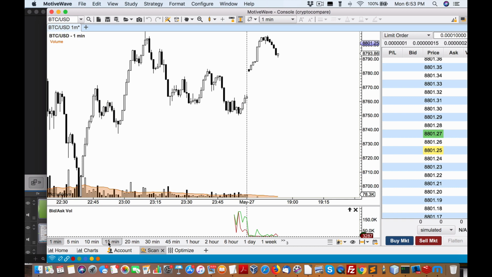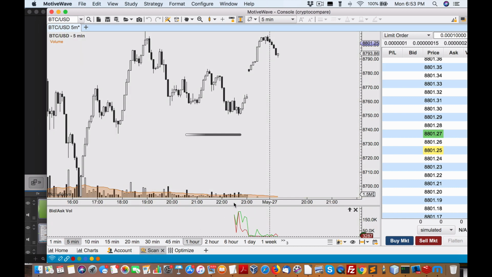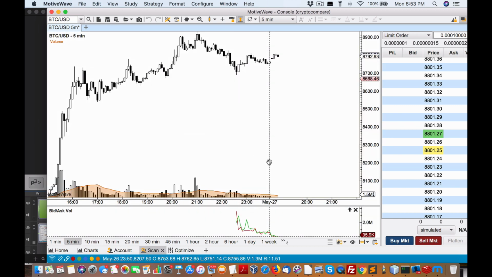Let me see this on 5-minute data. So right here, we have a situation. Again, it's quite clear to me what's going on: it's range bound here.